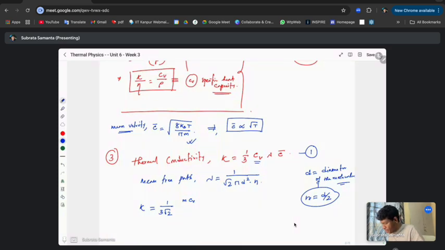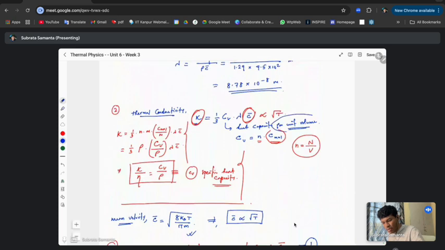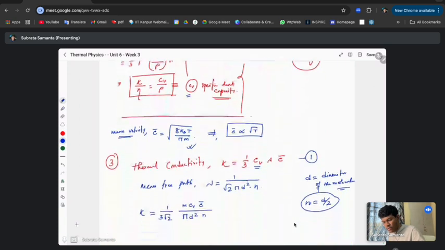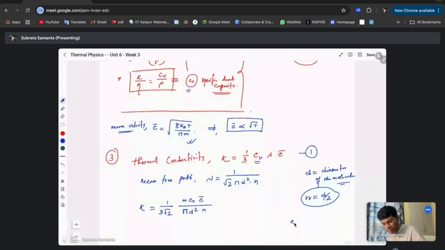And C average over pi d square, and n in the denominator also. Because capital CV is the heat capacity per unit volume, the specific heat is basically CV over rho, so CV over rho is the small cv, and rho is m times n.